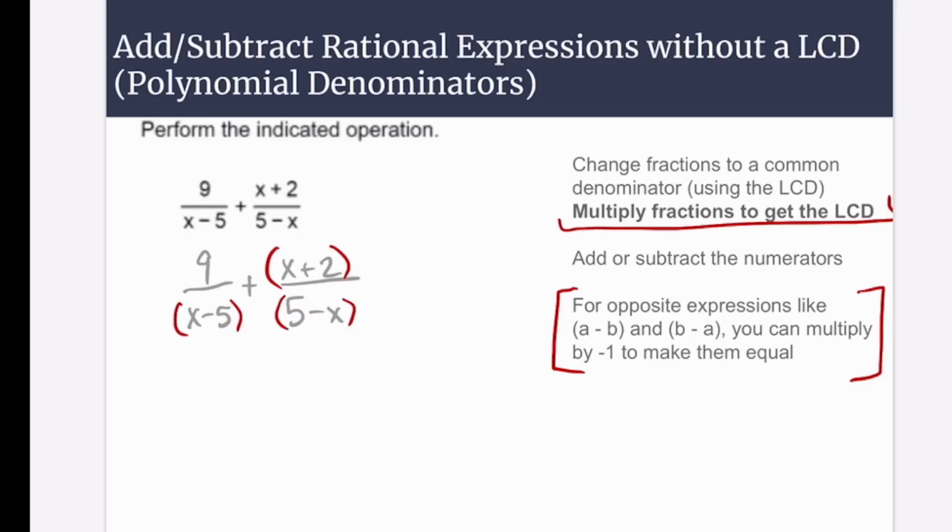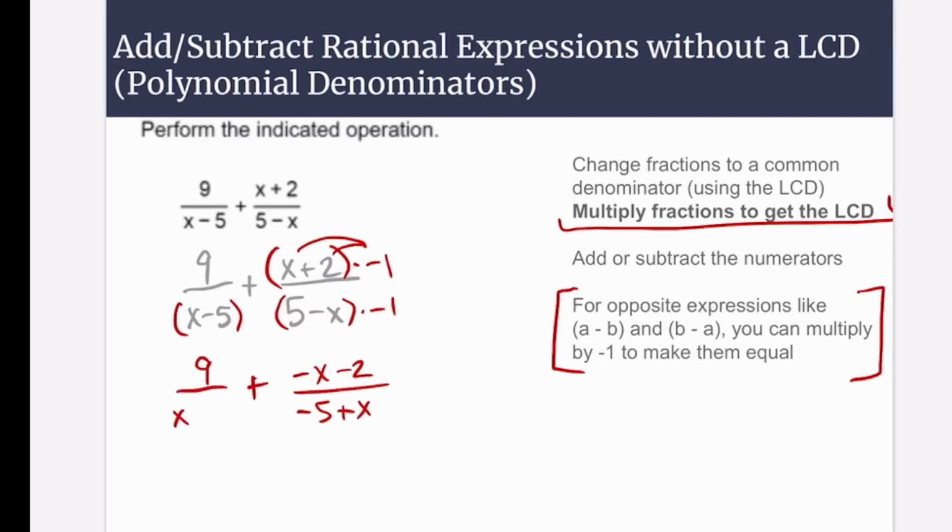In standard form, we usually write the x or the variable first. So we're going to multiply this second fraction by -1. What happens to our second fraction when we distribute this -1? Our numerator becomes -x minus 2, and our denominator becomes -5 plus x.